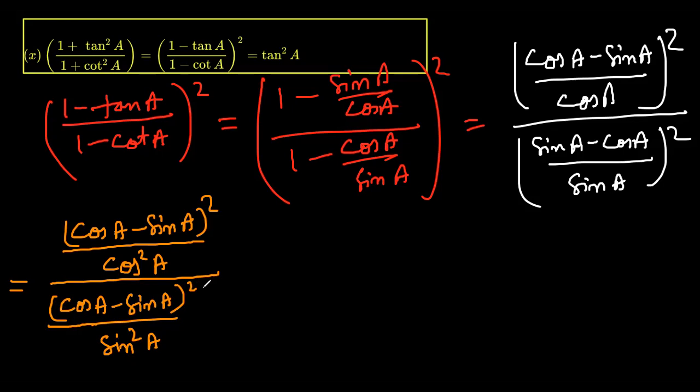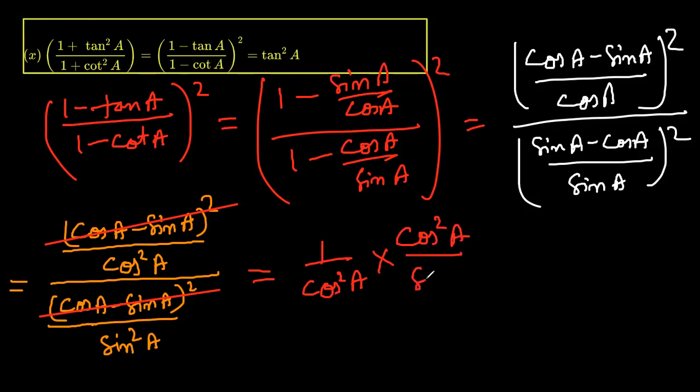Now we would make it upside down, and then the term cos a minus sin a whole square and cos a minus sin a whole square will get cancelled. So this would be equal to 1 by cos square a divided by 1 by sin square a. So that division we can multiply and reciprocate the fraction, cos square a by 1.